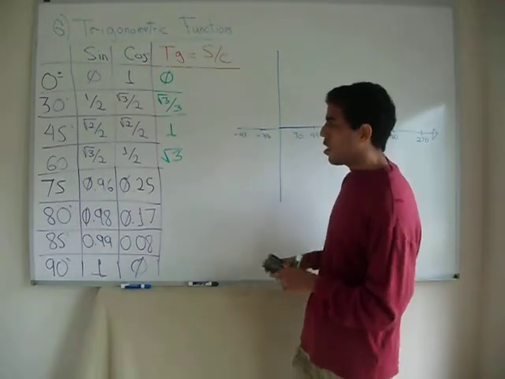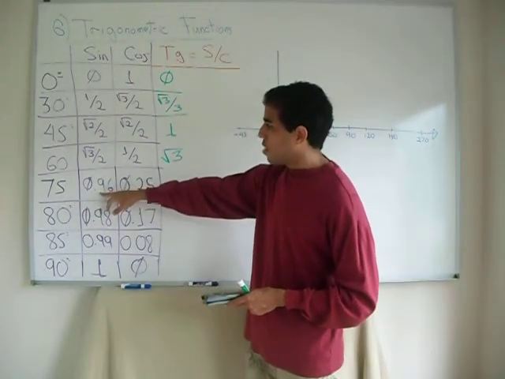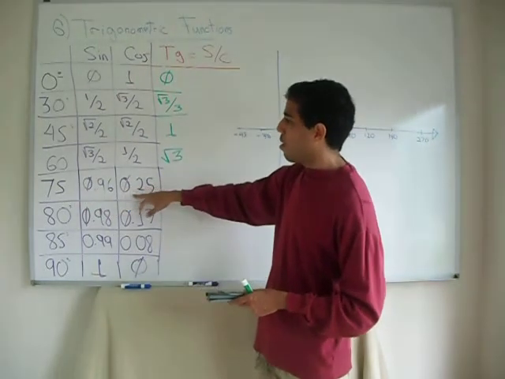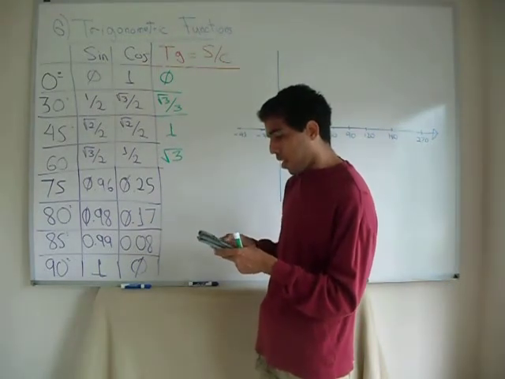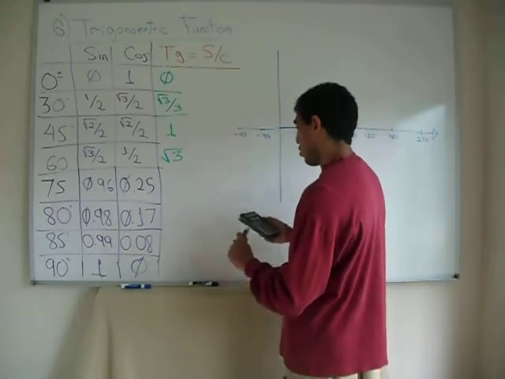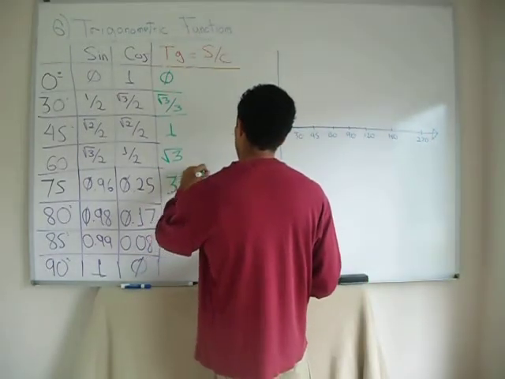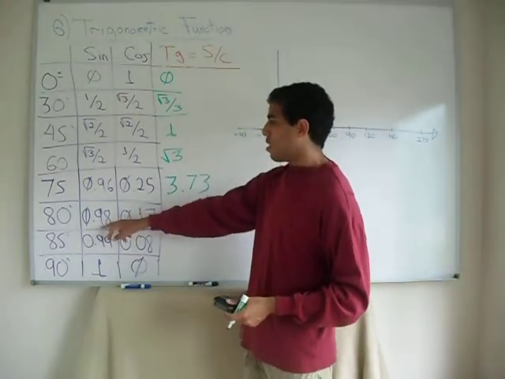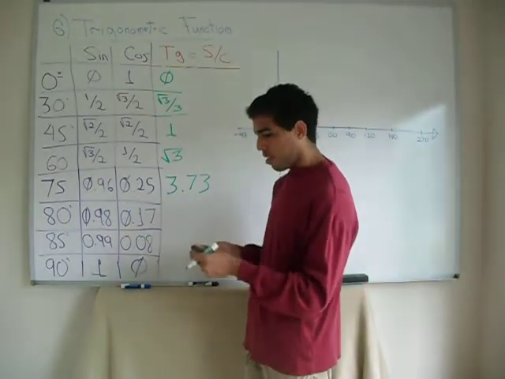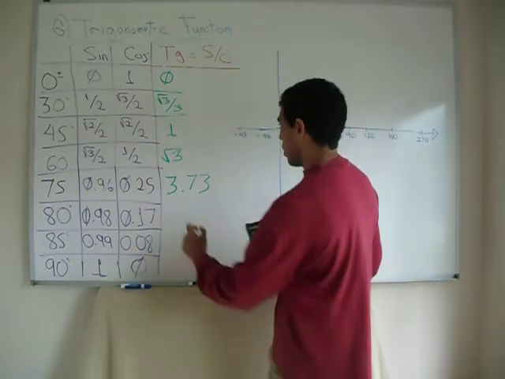And now, let's do, for instance, tangent of 75. Well, that's 0.96 over 0.25. Well, how much is that? Well, according to the calculator, it's 3.73. Oh, that's bigger than 1, all right? Let's keep going. Let's say tangent of 80, 0.98 over 0.17. Well, that's 5.6, even bigger.